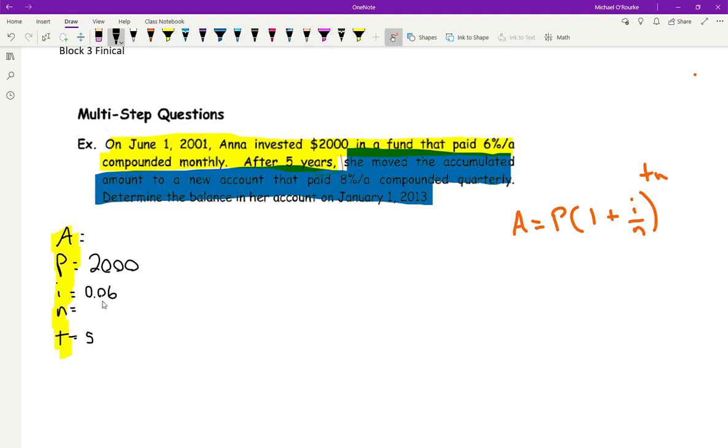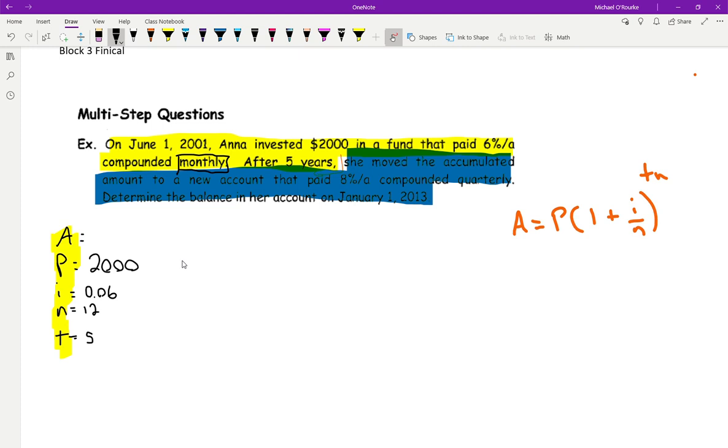Yep. And what's our N? How many times is it compounded per year? 12. Good.